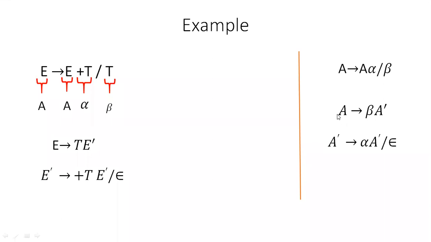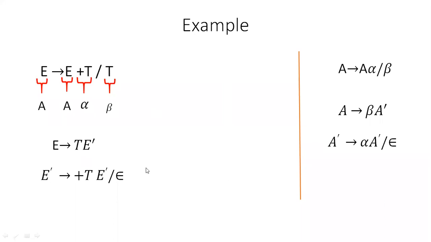Here I have a rule like A tends to beta A dash. After mapping this given rule into the syntax of the left recursion, beta is T, alpha is plus T, A is E.